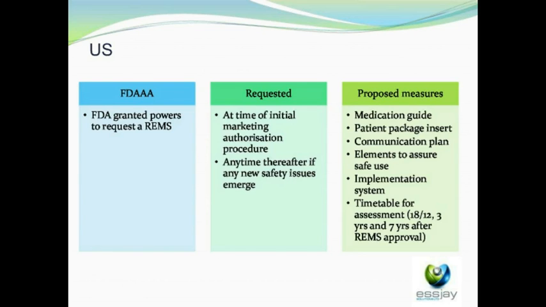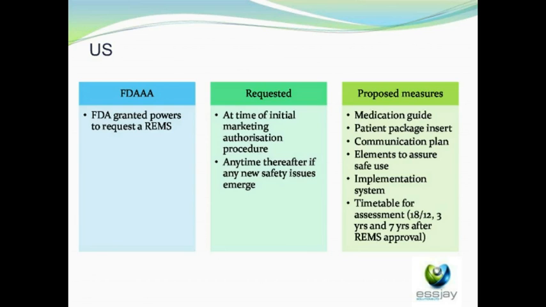In the US, we know that in 2007, the FDA were granted powers to request a risk evaluation and mitigation strategy. So this was their risk minimization activity. And this could be either when your product's put on the marketplace or any time after that as well. And if we look at the measures that are associated, you'd have your medication guide, your patient insert, a communication plan to show exactly what you're going to communicate out to people.